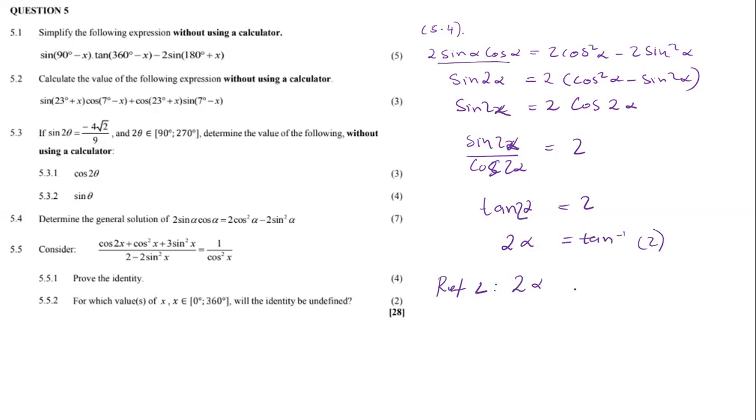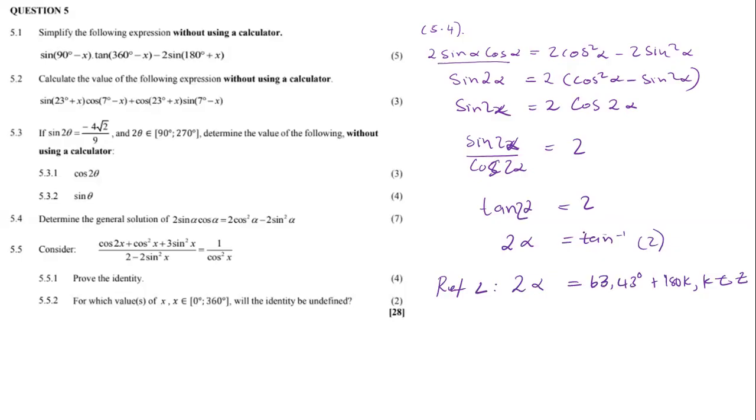Leave it as it is for now, because this is your reference angle. So at this point in time, tan inverse of 2 to 2 decimal places is 63.43 degrees plus 180 times k, because it's tan, whereby k is the element of integers.